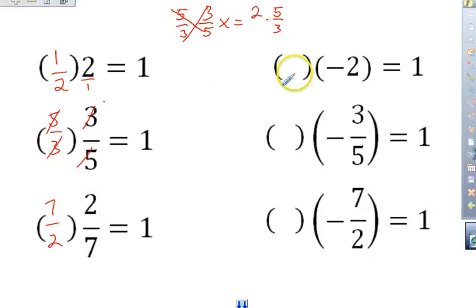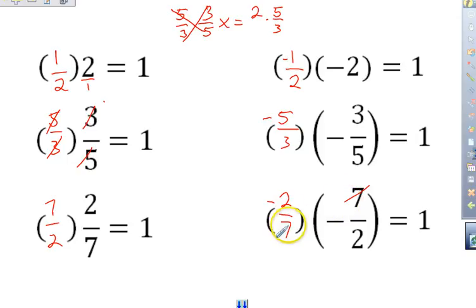7 over 2. What do we get here? 1 over -2, or just, you can put the negative anywhere, right? Doesn't matter. On the bottom, middle, or top, it's equivalent because the two negatives multiply to a positive. So here we'll have -5/3, and we'll have -2/7.